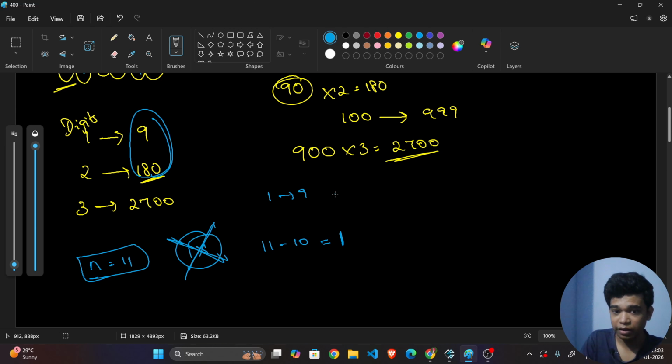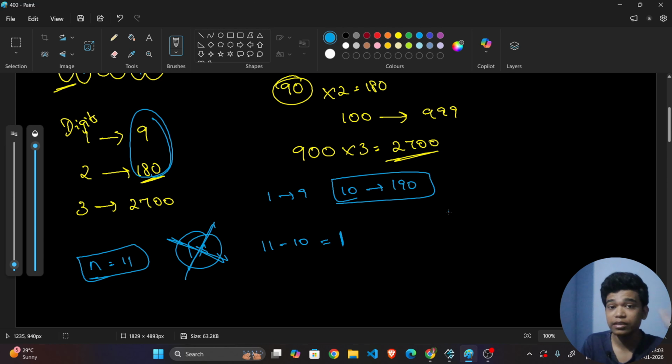For two digit numbers, it will be ranging from 10 up to 190. Can you understand this? Fine. So from this, I can tell you definitely 11 is in this range, which means 11 is going to be a two digit number.